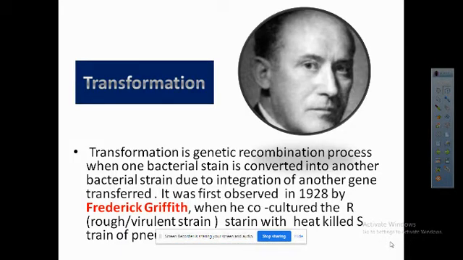So, when a vector gets any DNA, then this is called recombinant DNA, chimeric DNA, because it has got two parts. One belongs to the plasmid vector, and another one is the foreign DNA.